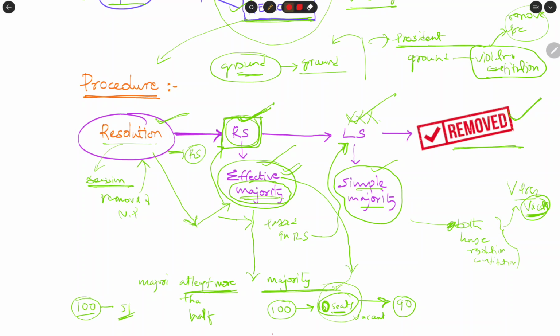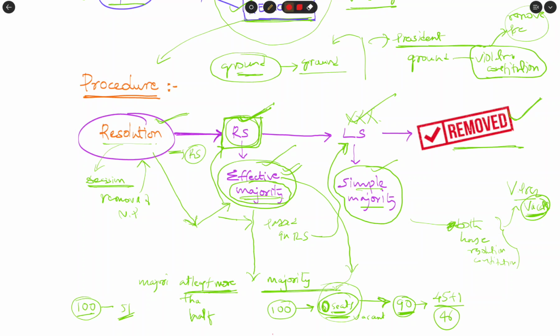Then what is the strength now? 90. Then they calculate the majority. What would be the majority now? 45 plus 1, so 46 is the effective majority. This is what we call effective majority.